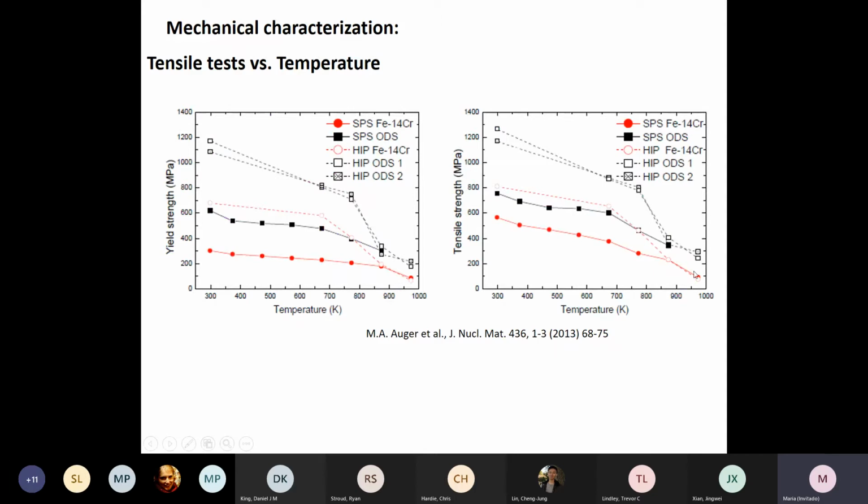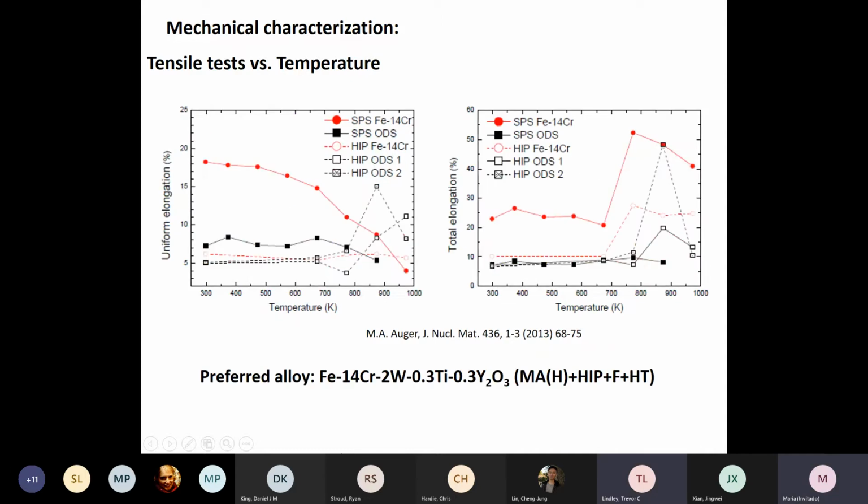If we look at the high temperature, we may set our preferred alloy as the ODS version containing tungsten and titanium, according to these results so far, and according to the microstructure and the mechanical properties observed.